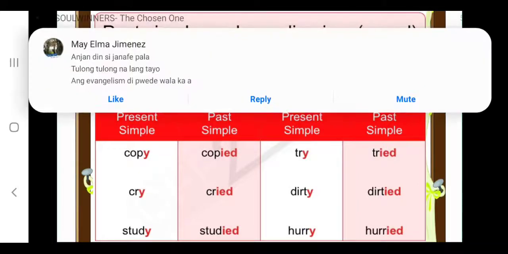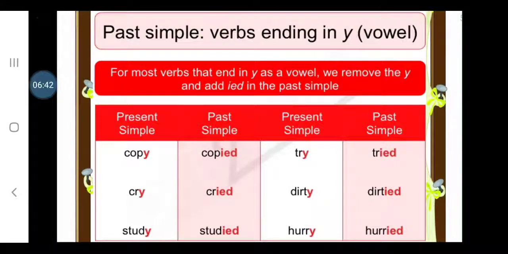Past simple verbs ending in Y. For most verbs that end in a consonant plus Y, we remove the Y and add IED at the end to create the past simple.